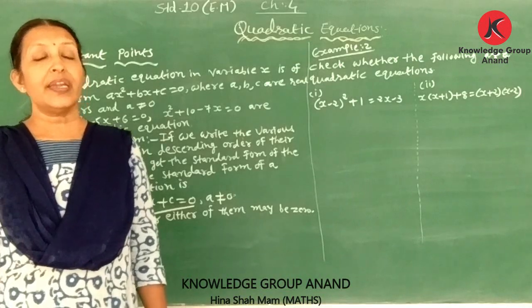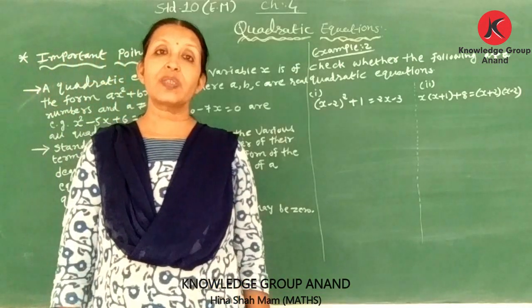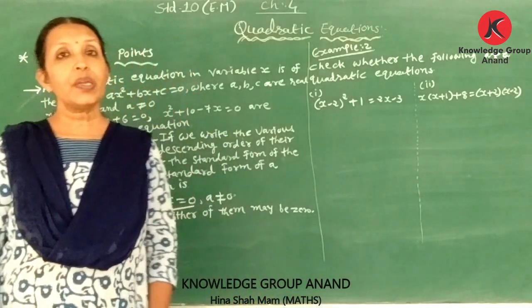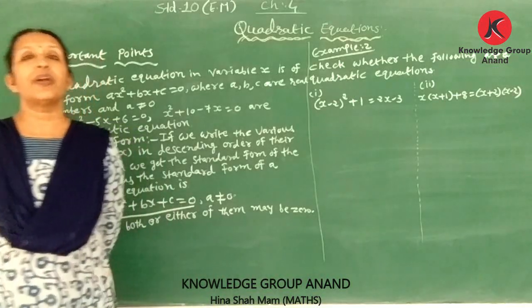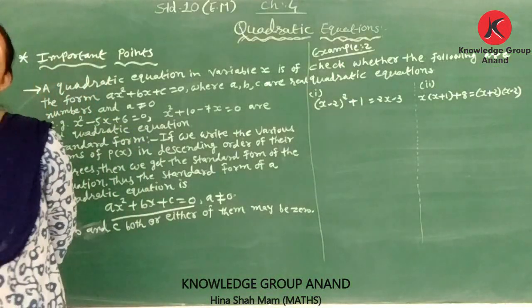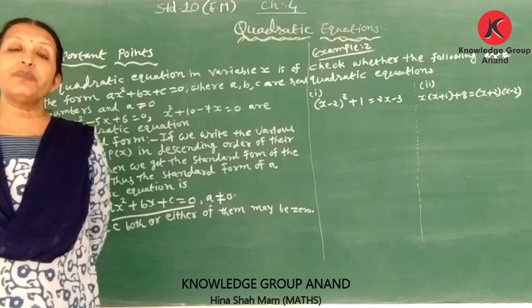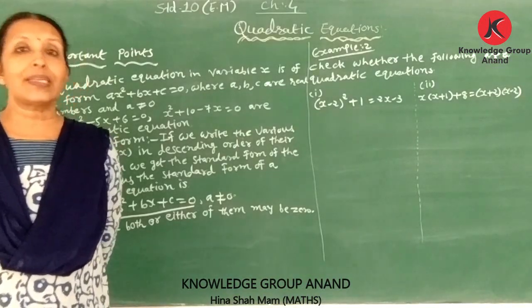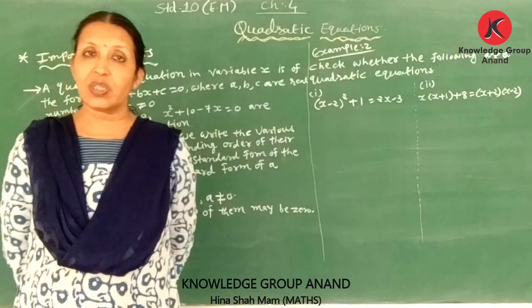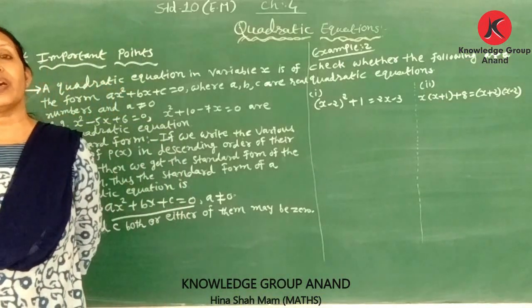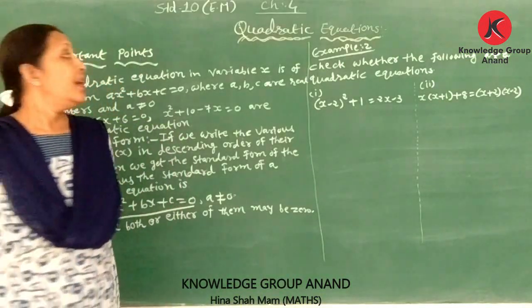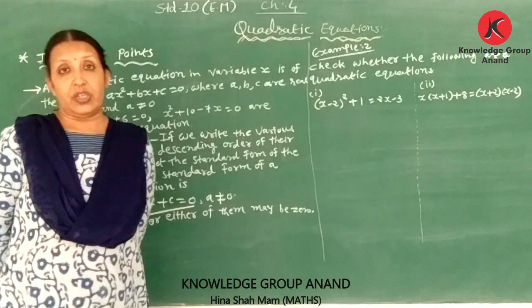Quadratic polynomial is ax square plus bx plus c. And cubic polynomial is ax cube plus bx square plus cx plus d. Here, quadratic equations.